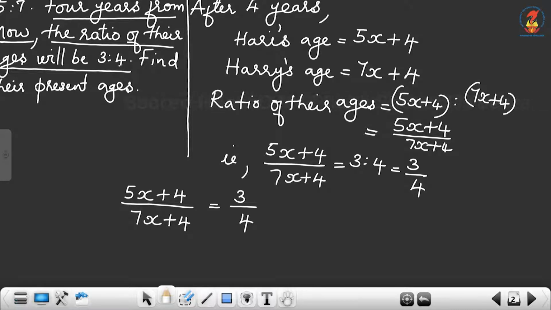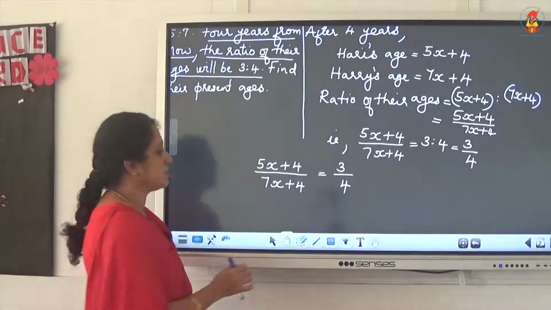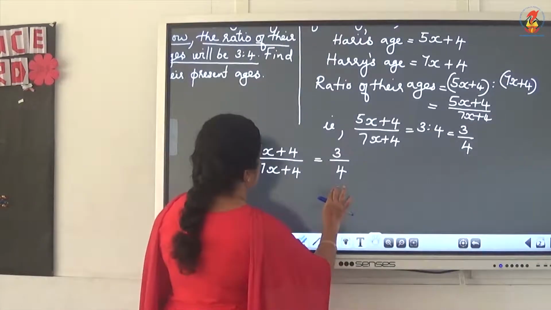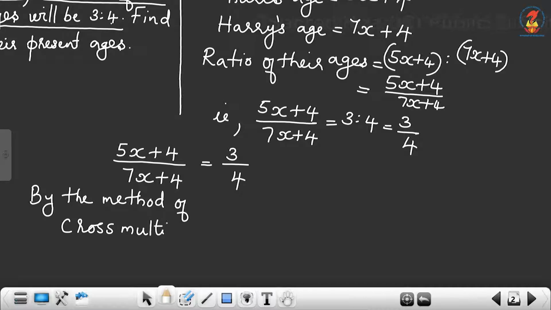Now look at that. We got the equation like this. But you know that this is not a linear equation because the left hand side is not linear. Now which method can we apply here? By the method of cross multiplication. How can we write it?